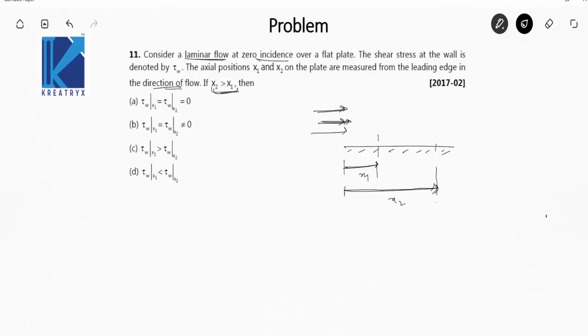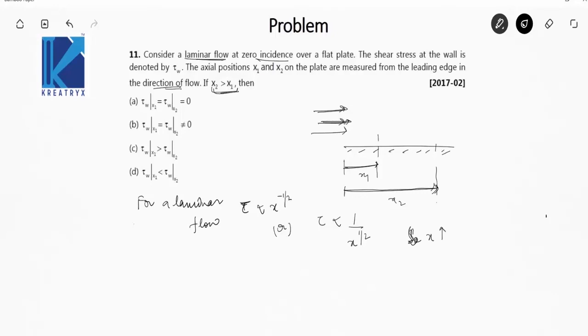We know that for a laminar flow, the wall shear stress is proportional to x raised to the power minus 1 by 2, or inversely proportional to x raised to the power 1 by 2.